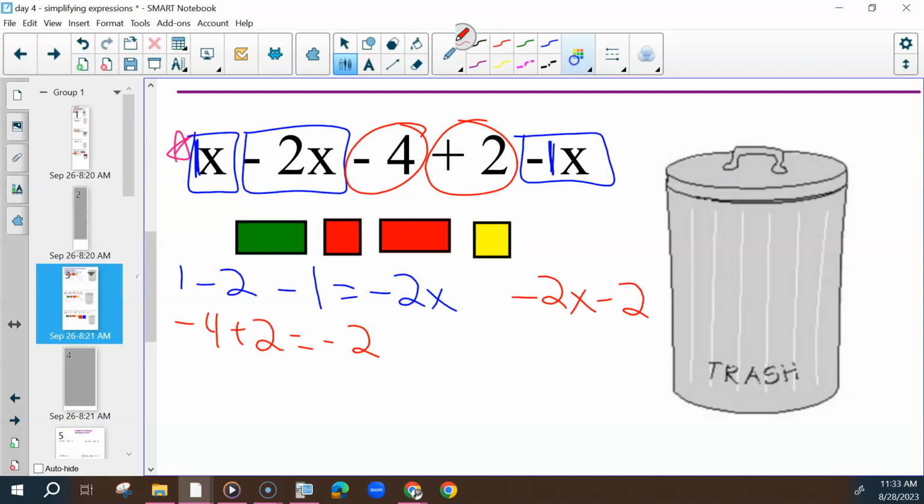Sorry. So that is our final answer. -2x minus 2. We don't do anything else with that. We can't combine them. They're not like terms. Questions on any of this process? Did we get lost at any of that process? Try the last one.